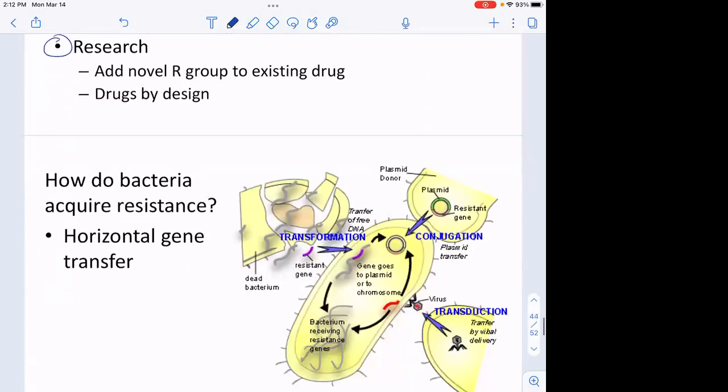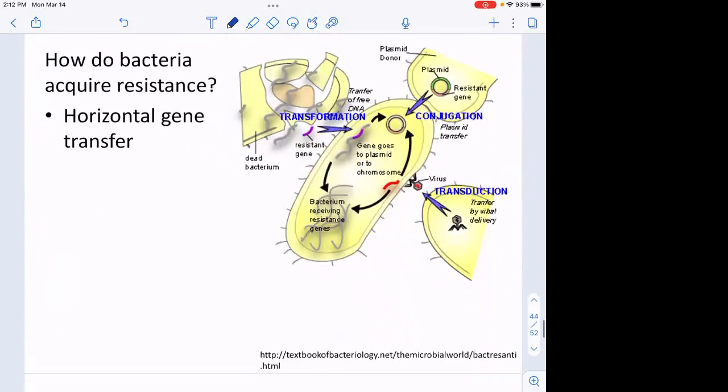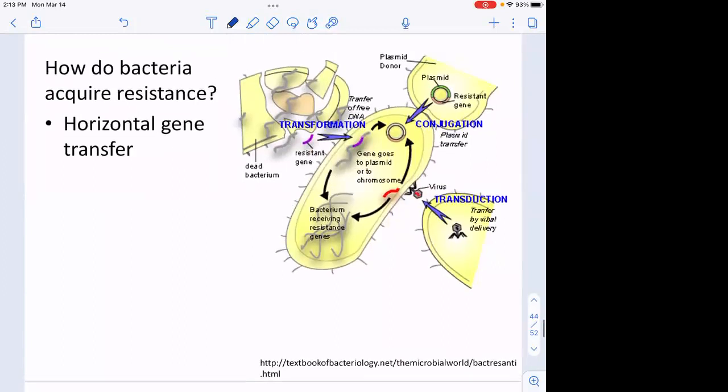All right, so how do bacteria actually acquire that resistance? Sometimes it's a random mutation, but we think more often than not, they acquire the information to become resistant from another organism by horizontal gene transfer. So remember our three different kinds of horizontal gene transfer.